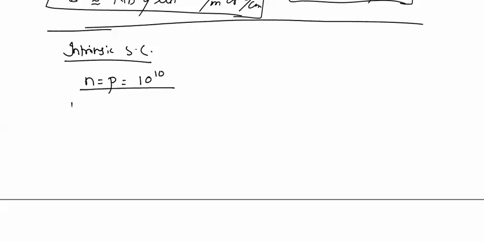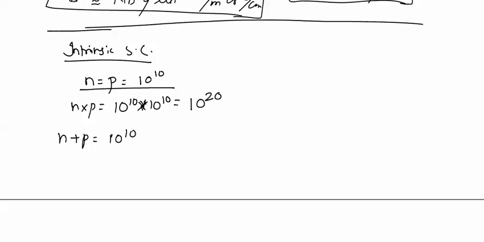Then according to mass action law, n into p equal to 10 raised to power 10 into 10 raised to power 10 equal to 10 raised to power 20. And if we add the total number of charge carriers in intrinsic semiconductor, then n plus p equal to 10 raised to power 10 plus 10 raised to power 10 equal to 2 into 10 raised to power 10.